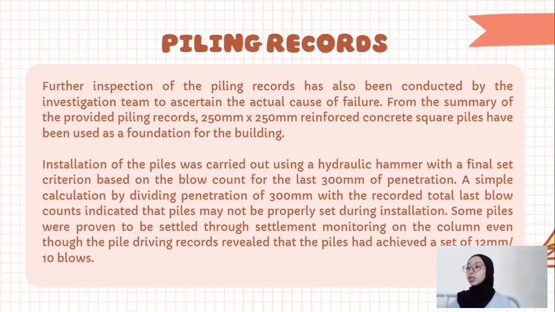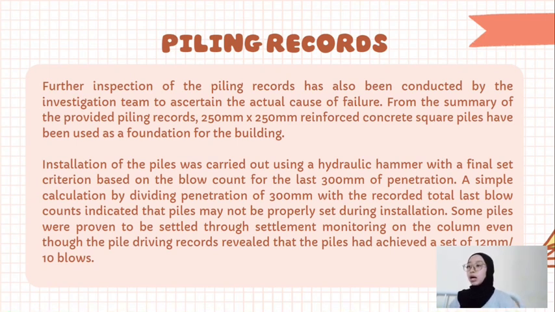Installation of the piles was carried out by using a hydraulic hammer with a final set criterion based on the blow count for the last 300 mm of the penetration. A simple calculation by dividing the penetration of 300 mm with the recorded total last blow counts indicated that the piles may not be properly set during the installation.